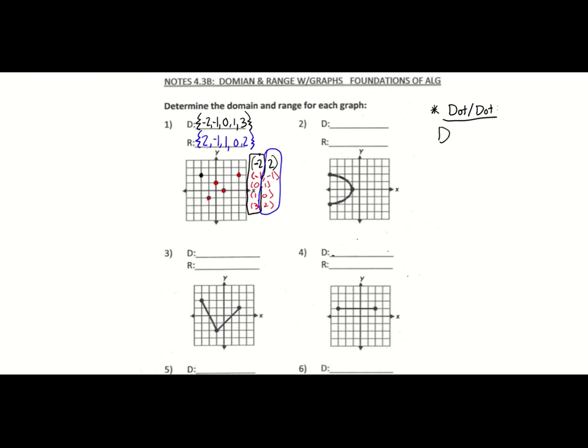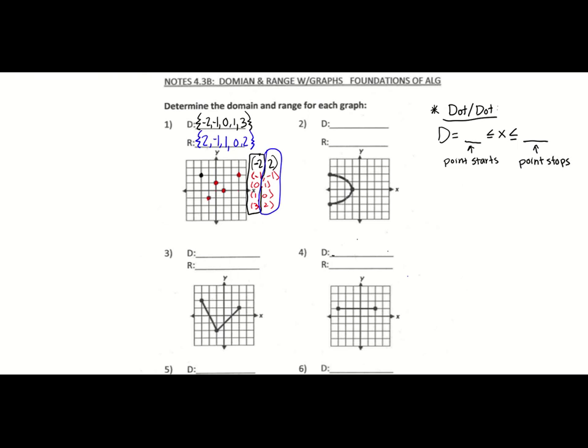If we have our domain is equal to some number, which is going to be less than or equal to x, less than or equal to some other number. And so this right here is going to be where our point starts. And this right here is where our point stops.